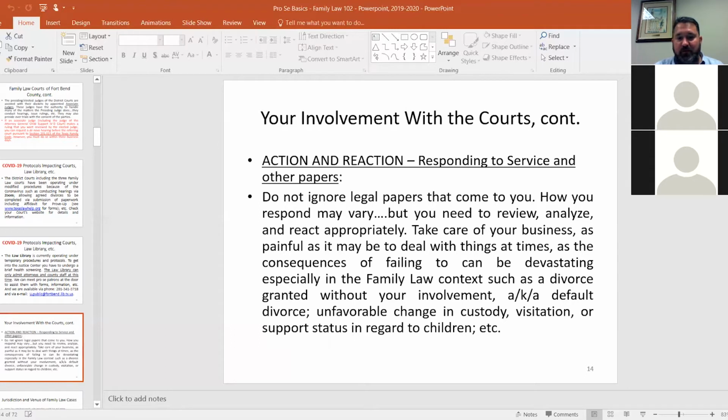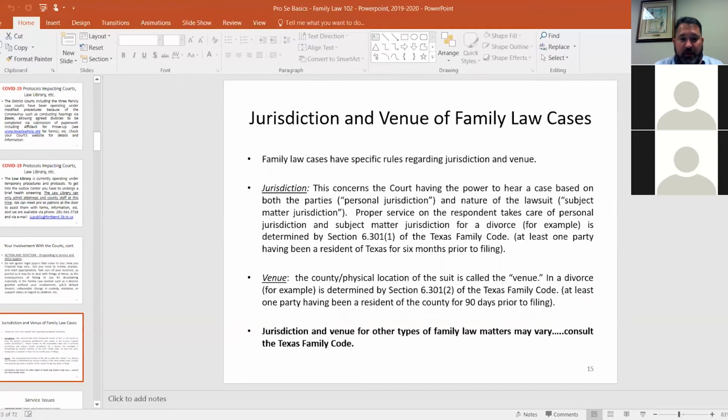Nobody likes to have to really deal with this kind of stuff. But it's obviously very important, especially in the family law context, because failure to take care of business can result in some negative things. Default divorces granted against you, a change in your family situation, be it custody or support, visitation, things like that. So you've got to bite the bullet and go forward, and we're here to try and assist you in doing that. There's some basic issues.